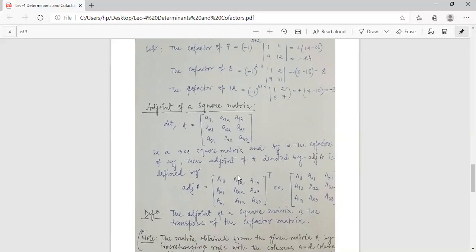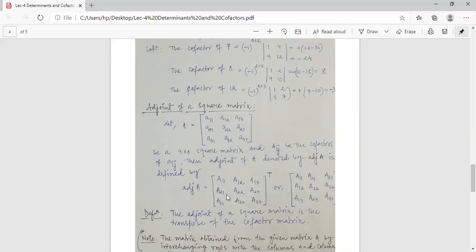Now if you transpose this cofactor matrix, that means if you write the first row into first column, the second row into second column and third row into third column, you will get the transpose of the cofactor matrix. Clear?